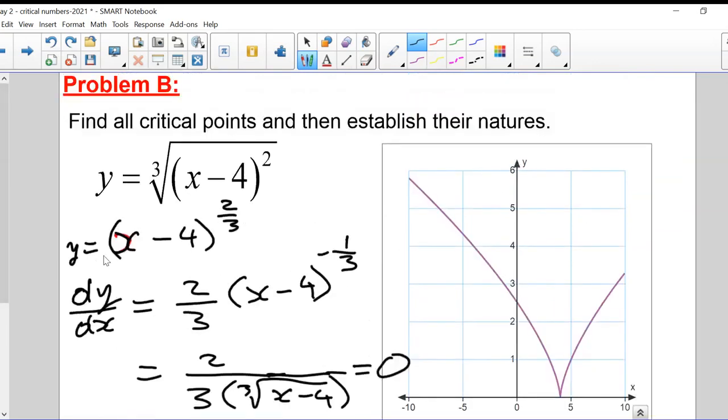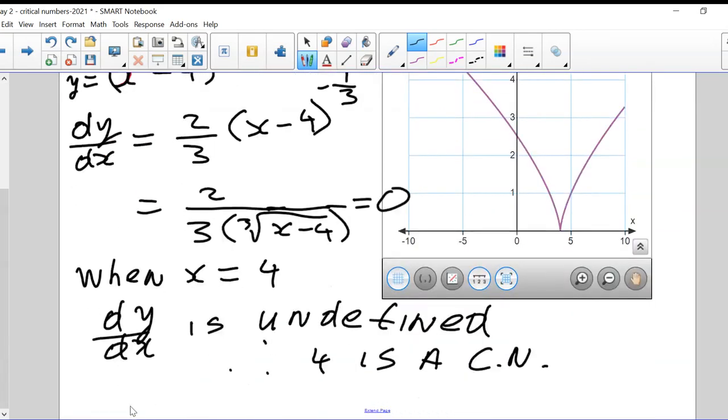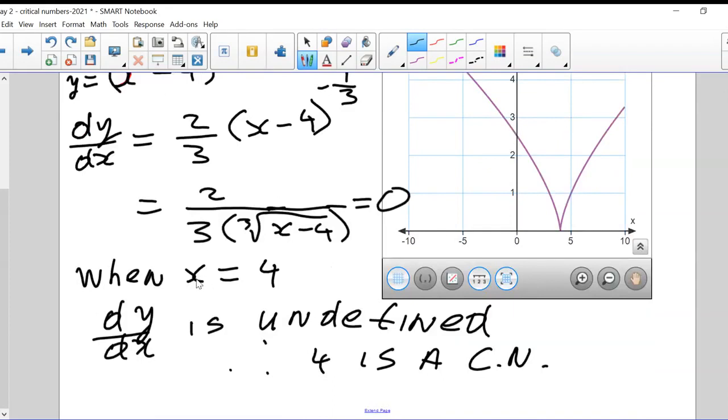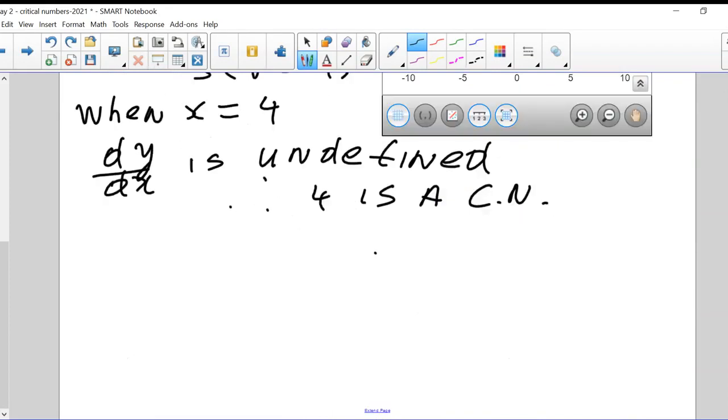It says find all the critical points. So what we need to do now is to take that 4. Point means I need the x and the y. I need to take that 4 now and put that 4 back into the original equation. The original equation is up here. Y is equal to the cube root of x minus 4 squared. So I'm going to put that in my function to get the y value.